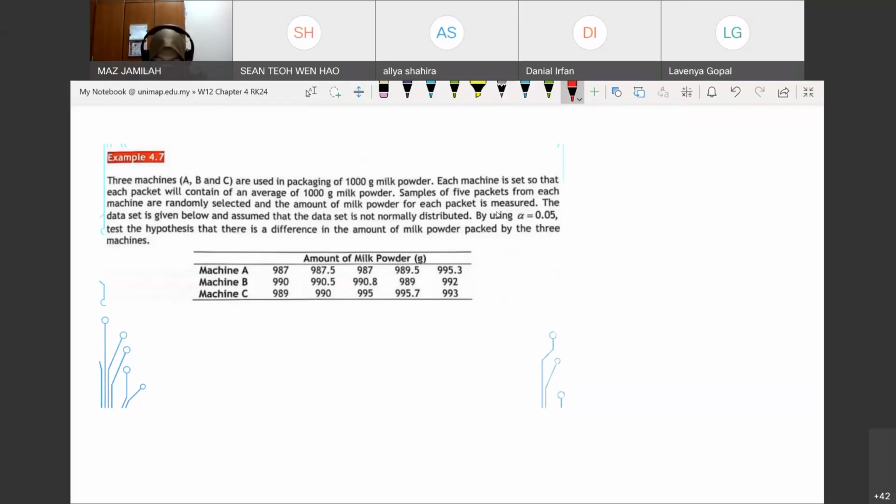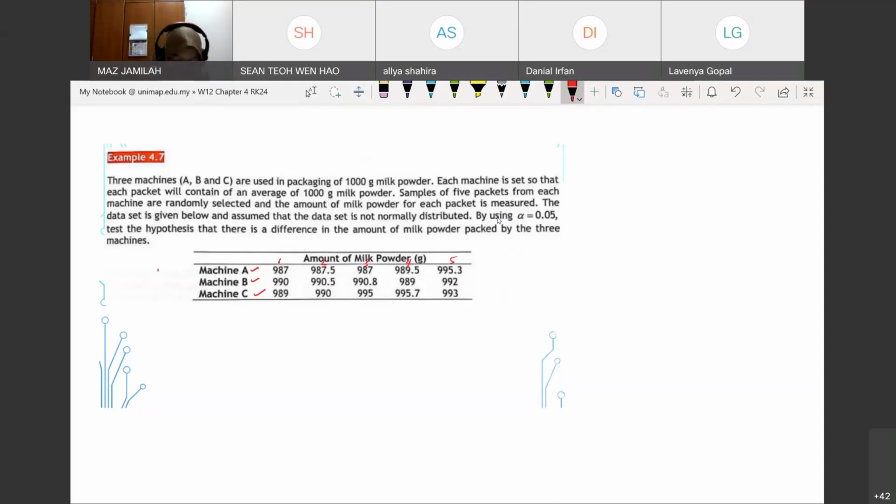Samples of 5 packets from each machine are randomly selected, and the amount of milk powder for each packet is measured. So you are talking about 3 machines, A, B, C, and for each machine they have the same sample size, that is 5. So you have 5 samples for each machine.